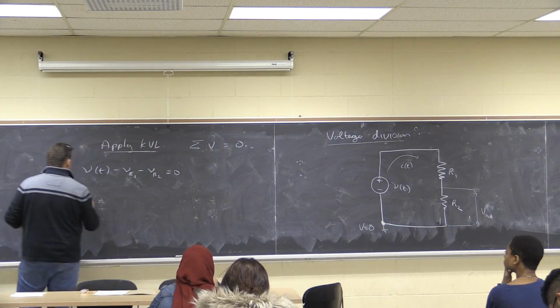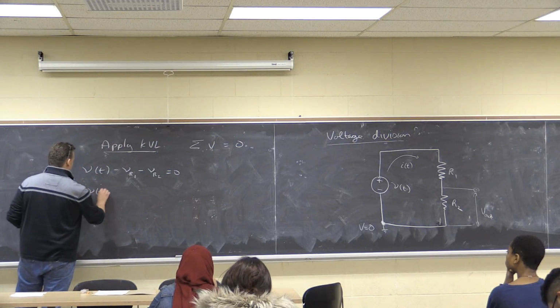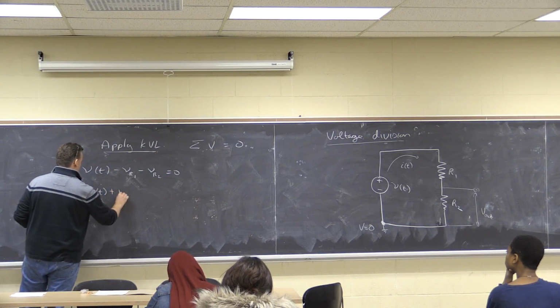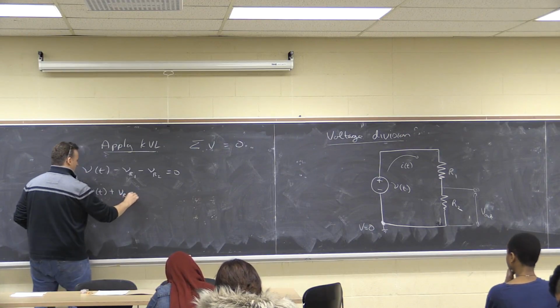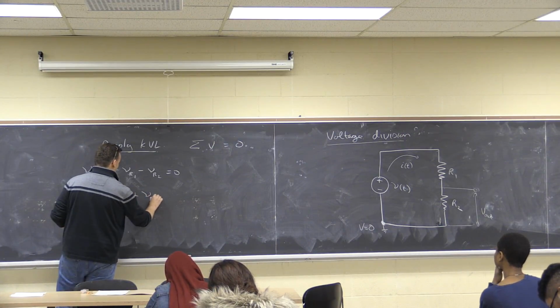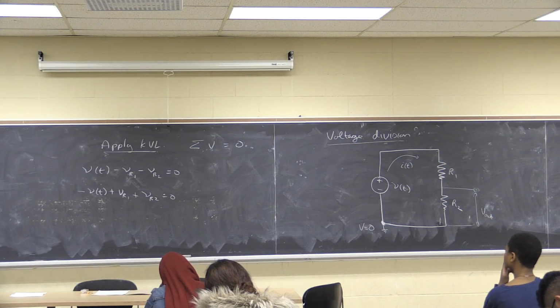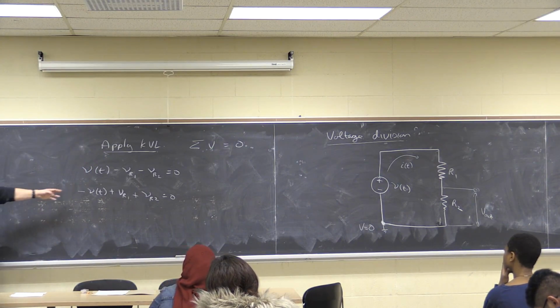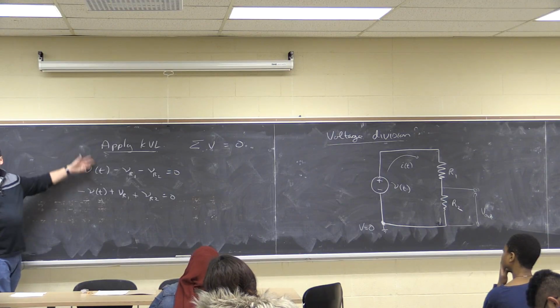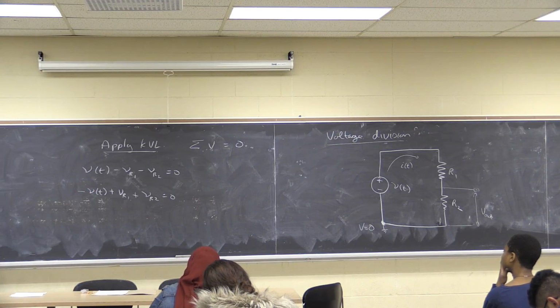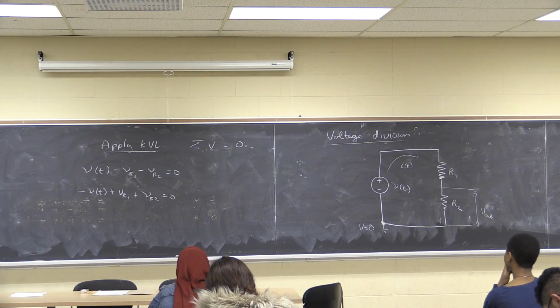So the book convention would be to say negative V of t plus V across R1 plus V across R2 equals 0. It doesn't make any difference, because if I multiply this by -1, I've got the same equation. So I'm going to get the same result. Depends what convention you feel more comfortable with.